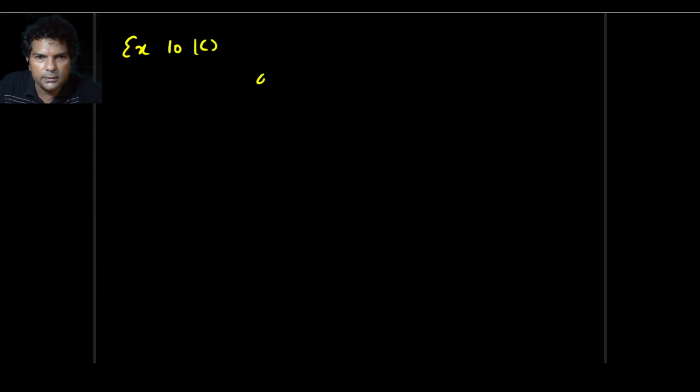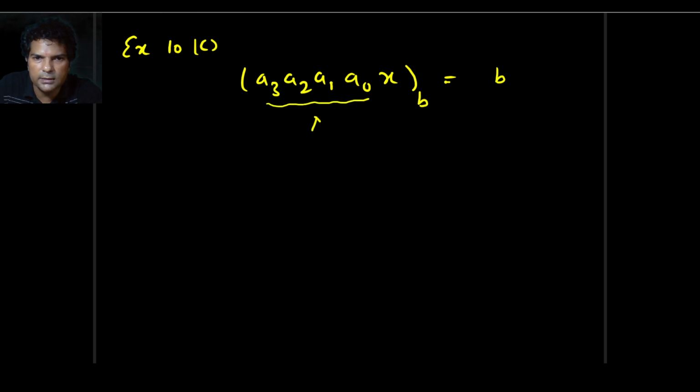Let's say A3, A2, A1, A0, X in base B. Now the representation is in base B, because base B is given. Let's suppose this is given, that is N. Plus X is there. That is the final one.